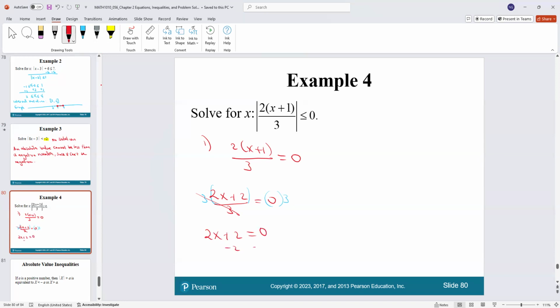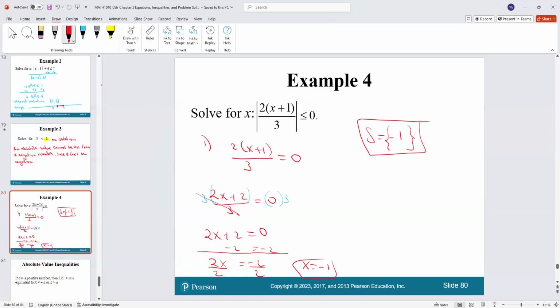If we subtract 2 from both sides, we have 2x equal to negative 2. Get rid of the coefficient of x by dividing both sides by 2. So x is negative 1. We can say that the solution set is only negative 1, because we cannot say it's less than 0.